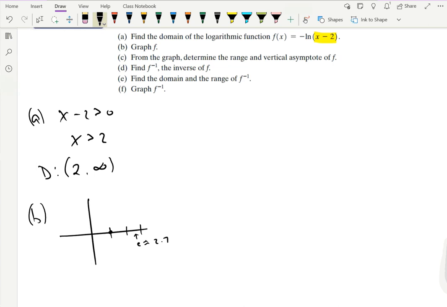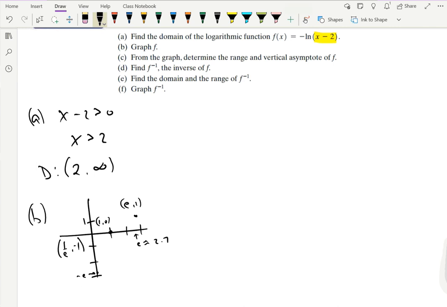At 1, I'm at my base. So e is here. Yeah, I want (e, 1) to be one of my points. I want (1, 0) to be one of my points. And I want 1 over e with -1.